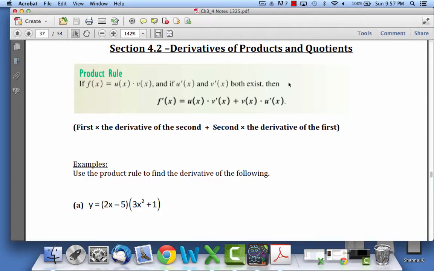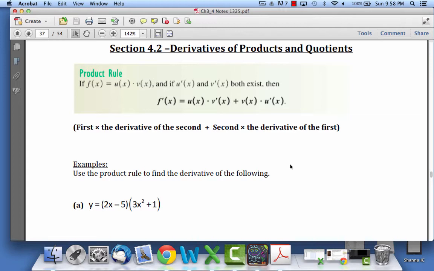Okay, so 4.2, product rule. It may be in your book that instead of u and v, these are f and g, so that it's f of x g prime x plus g of x f prime x. Typically, the way I'll do it is just call them u and v because it's easier to remember, like chant-wise.